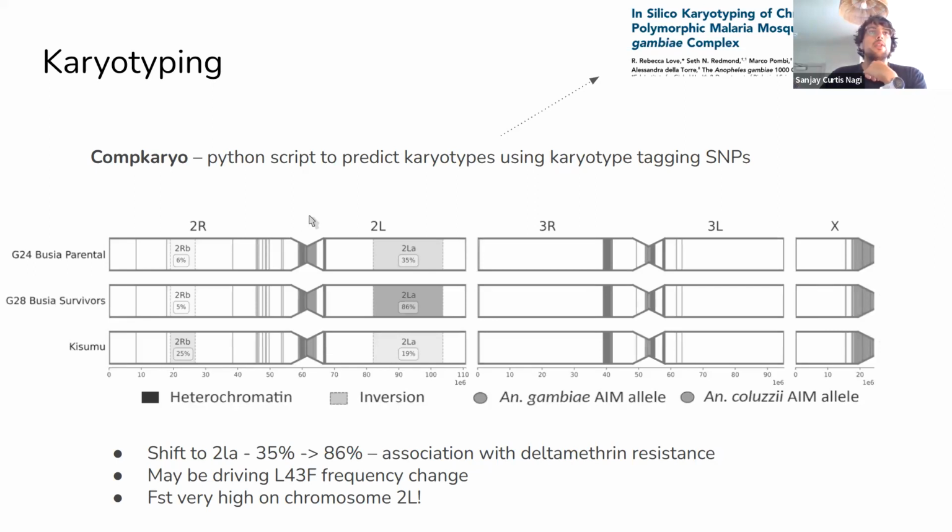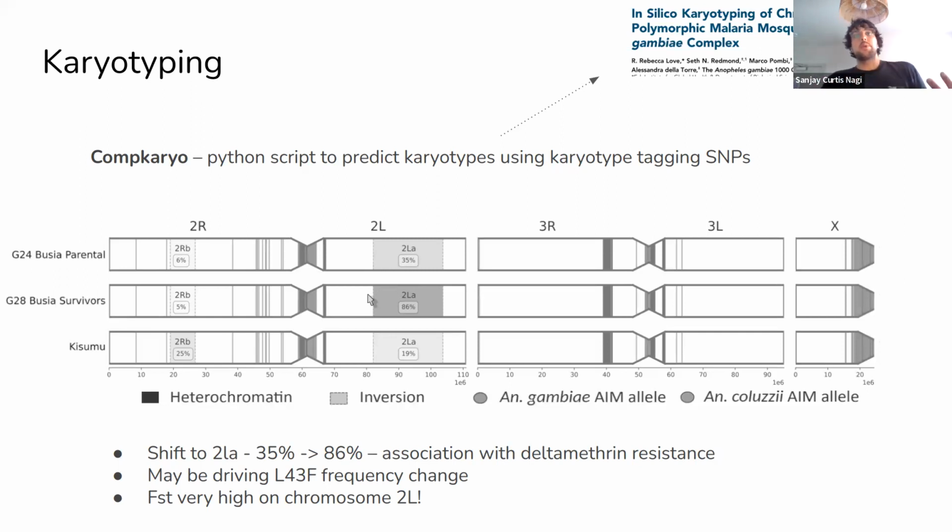What we can see is that although the frequency of 2RB doesn't differ too much between the two Busia strains, around 6% and 5%, and is a little bit higher in Kisumu, the frequency of 2LA differs a lot between the two selected strains. Whereas it was around 35% in the Busia parental strain, this increased to around 86% in the Busia selected strain.